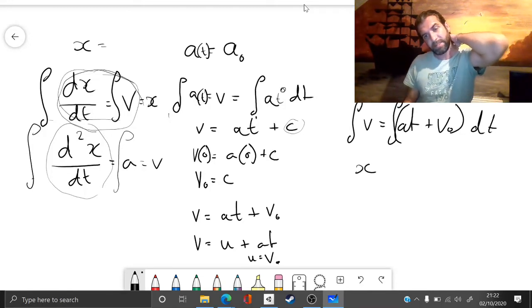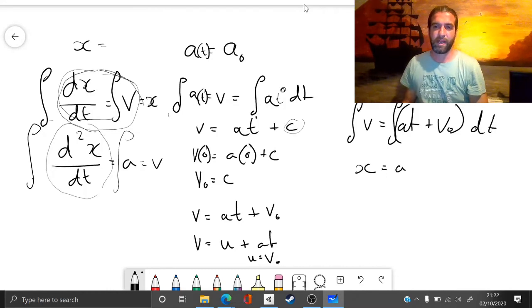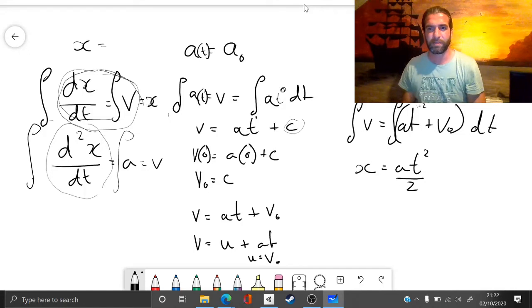And what we end up with is the position is equal to at squared divided by 2, because what we're doing is this is t to the power of 1, so we're adding 1 onto it, it becomes 2, and dividing by the new number.